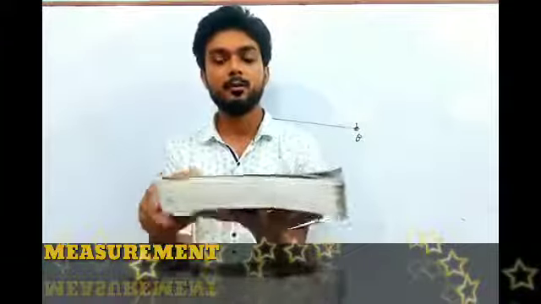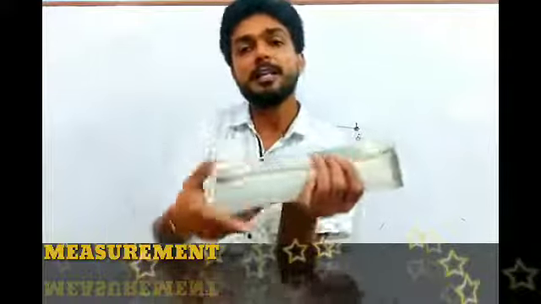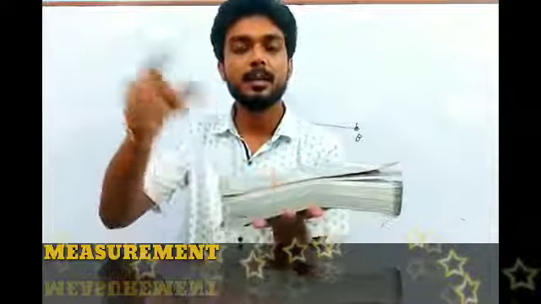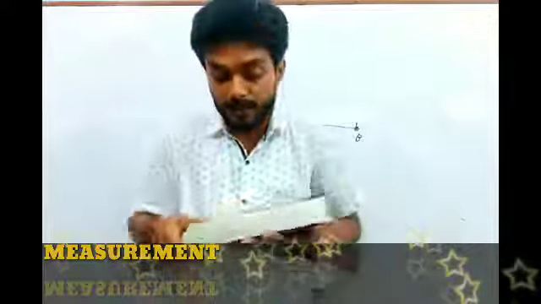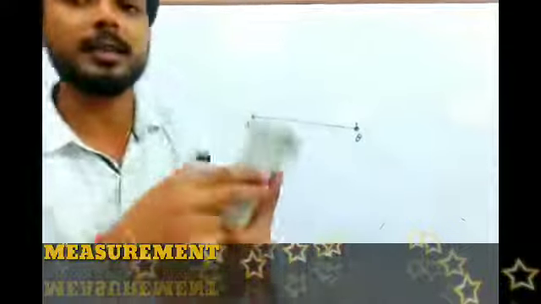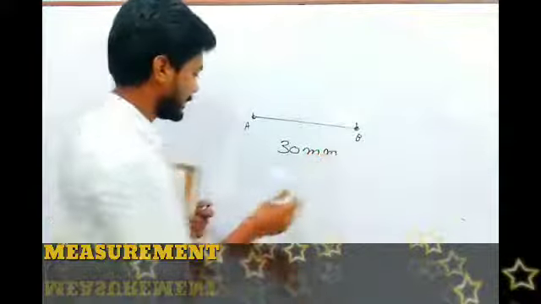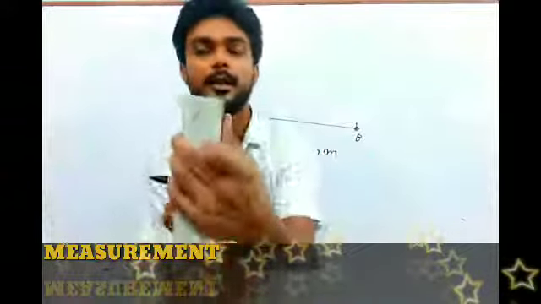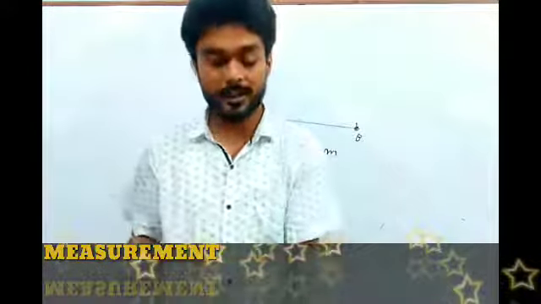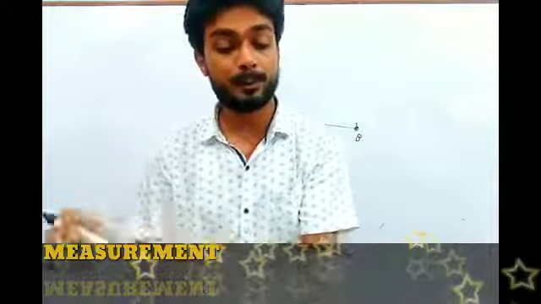Suppose this is a book and you want to measure the thickness of one page. Very easy. First, measure the complete thickness. Is it possible that using our scale we can measure the whole thickness of this book? Then measure the thickness of the book. Suppose the thickness of this book is 30 millimeter. Now next step, count the number of pages.